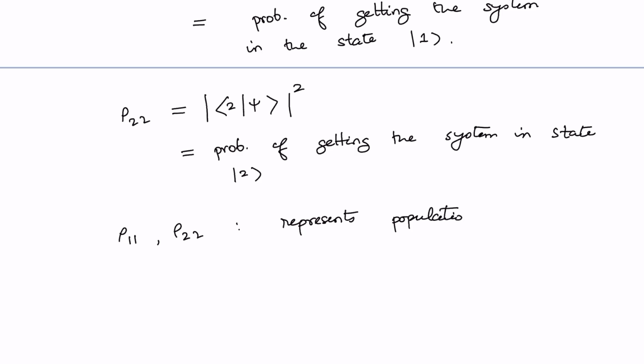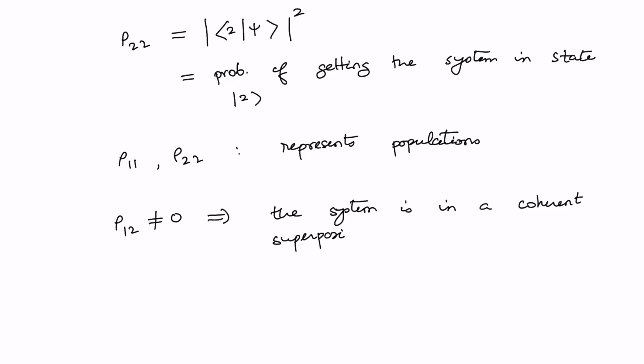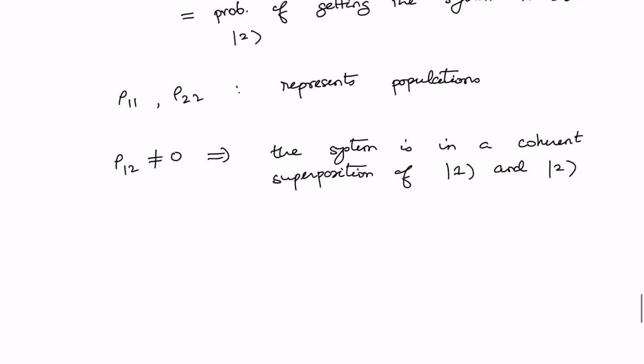On the other hand, what about the off-diagonal elements? Suppose these off-diagonal elements are not equal to 0. If they are non-zero, that means the system is in a coherent superposition of ket 1 and ket 2.